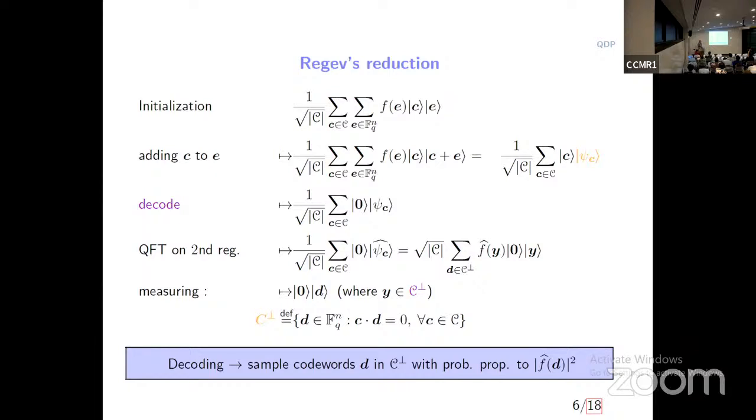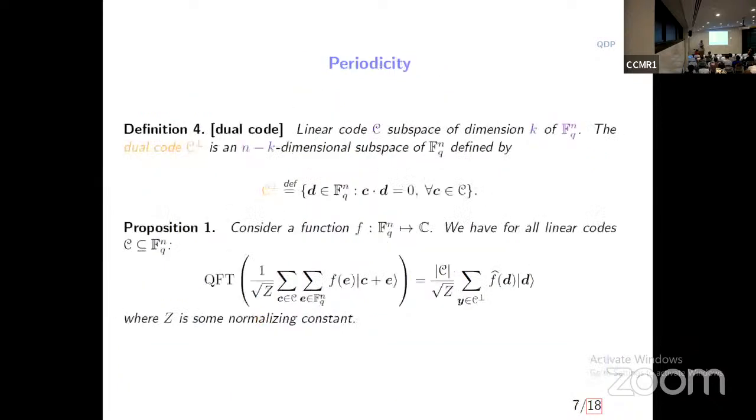And if you look a little bit at the state you just created, it's this quantum superposition here. Forget about the 0 here because you can tensor it out. And this state has some periodicity condition. If you look at what's going on for our y value here, it's the same amplitude as you have at the vector y plus c, just because you have a subspace here.